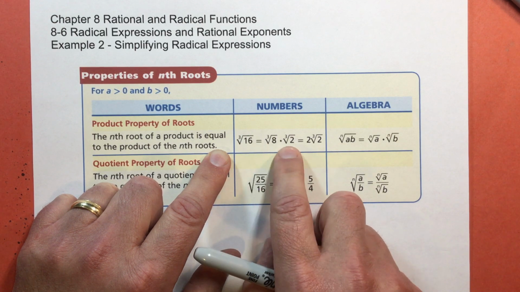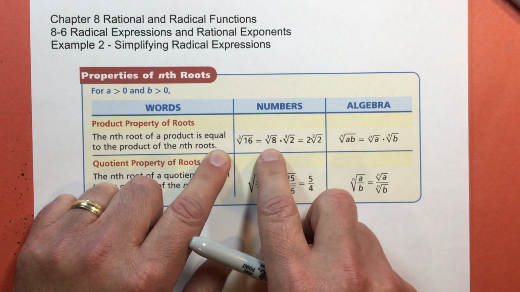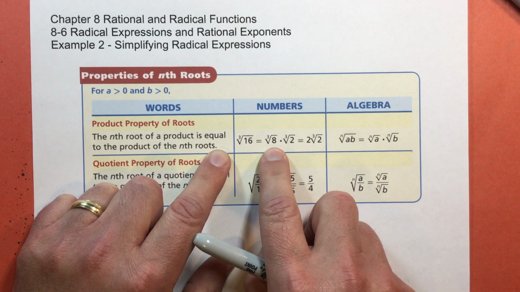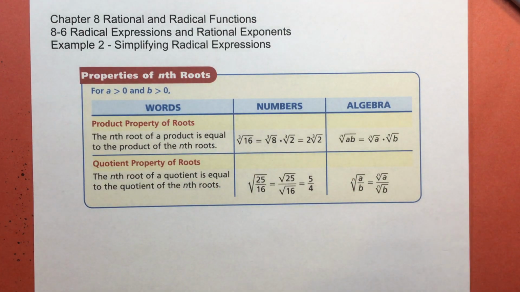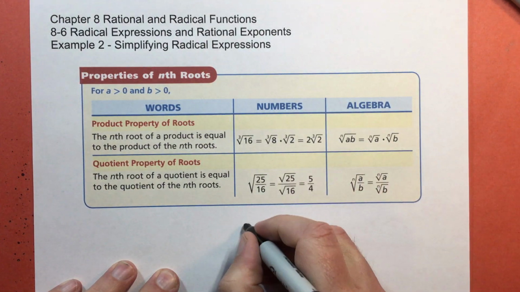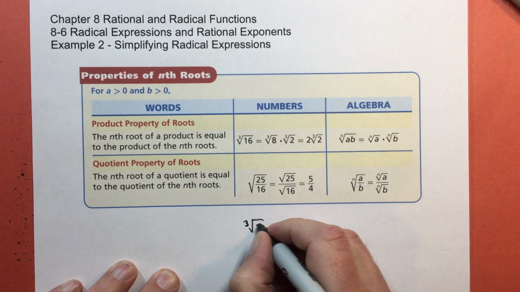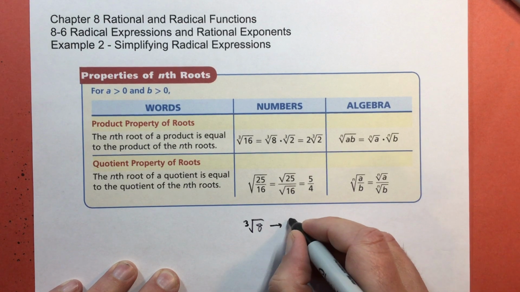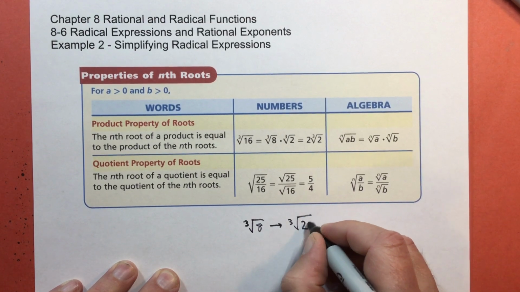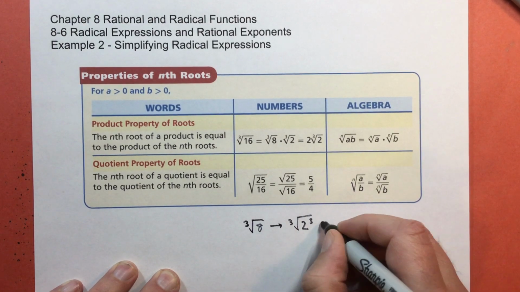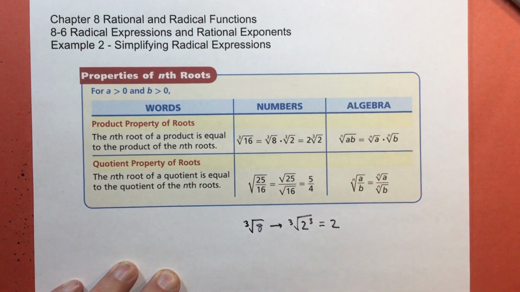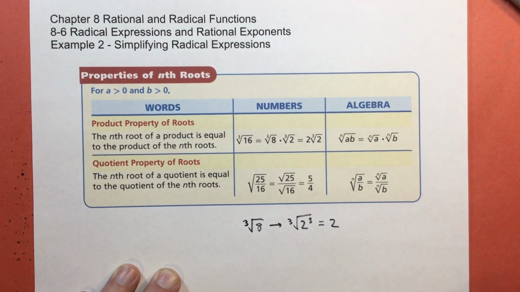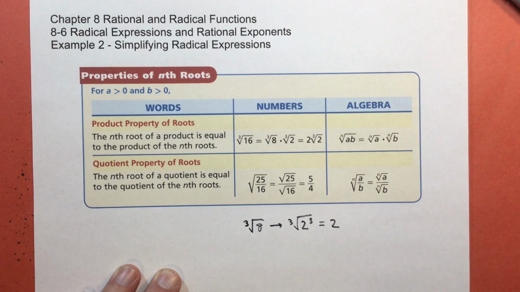So I separated this going the other way, the cube root of 2 to the third power. The cube root of 8 is actually the cube root of 2 to the third power, and that equals 2. Remember, these are inverses of each other. They undo each other. All right?